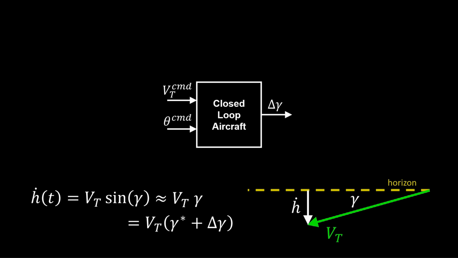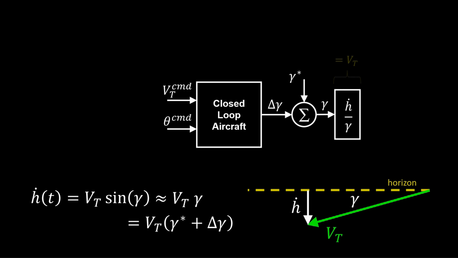Thus, at the plant output, we explicitly note that incremental change to gamma and add trimmed gamma to produce total gamma. Then we can immediately determine h dot by multiplying by Vt. Integrating gives altitude.